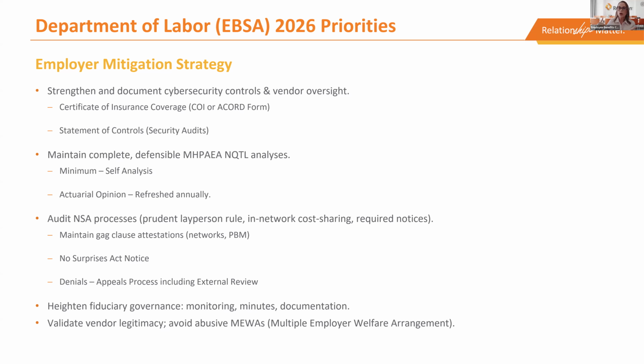Is it richer or on par in the actual paid claims data? Does it support that? So again, an actuarial opinion is the best. You could do a self-analysis if you need to. Once you have that actuarial opinion, I recommend a refresher.